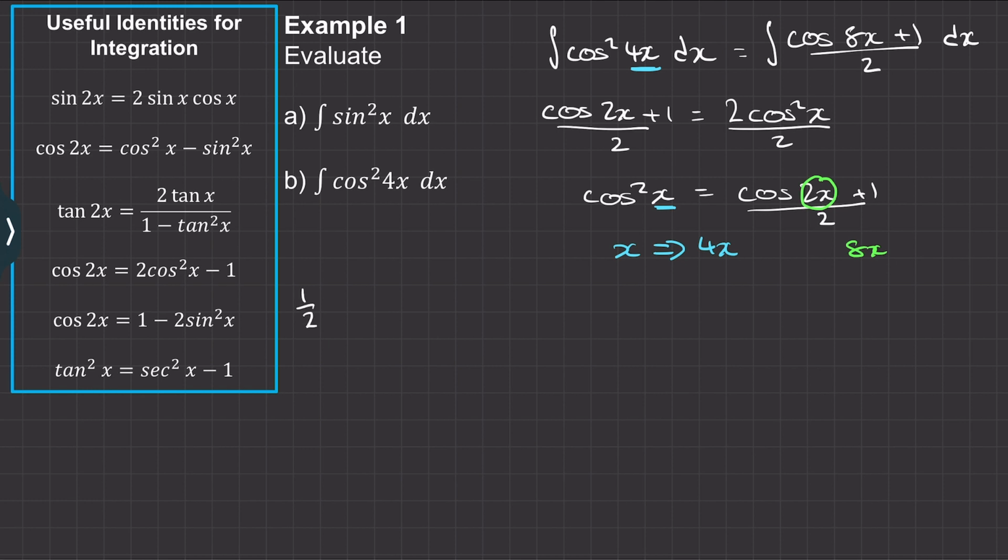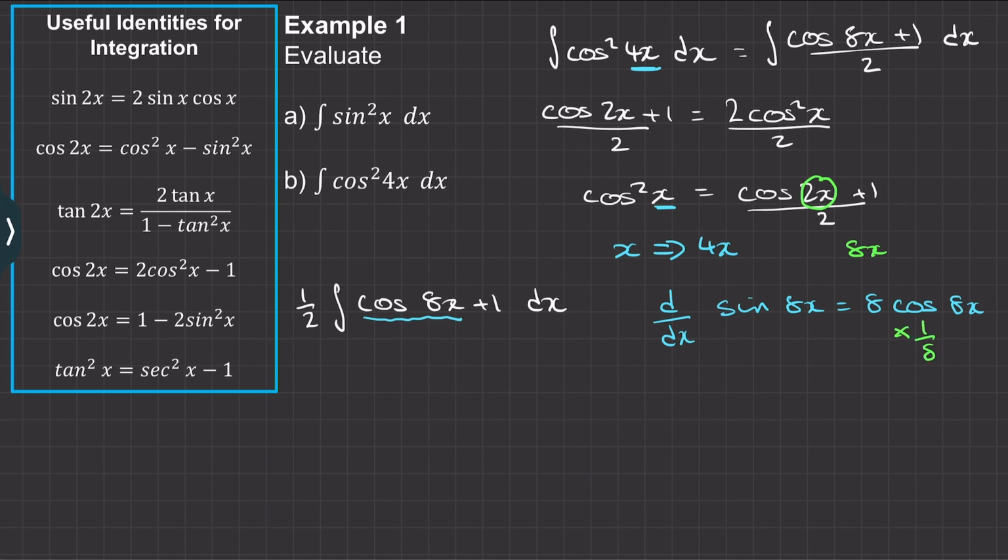So we have 1/2 of the integral of cos 8x plus 1 with respect to x. And we know that the derivative of sine 8x equals 8 cos 8x. And we can scale this by multiplying both sides by 1/8. So these two will cancel.